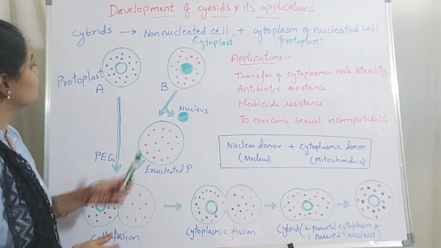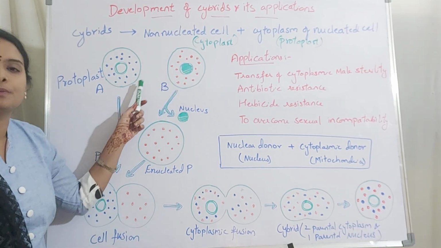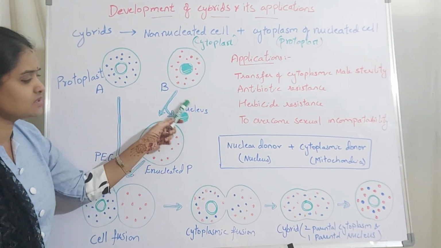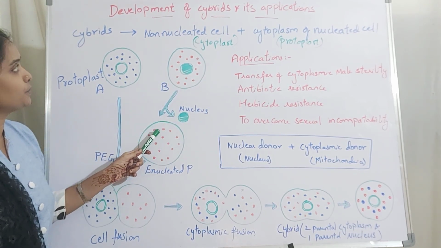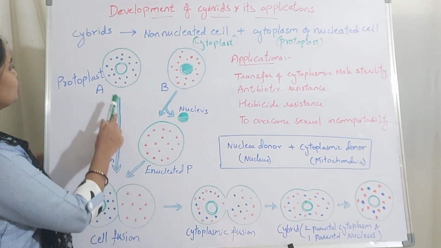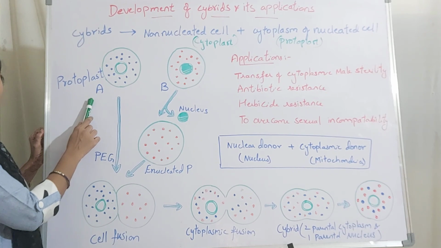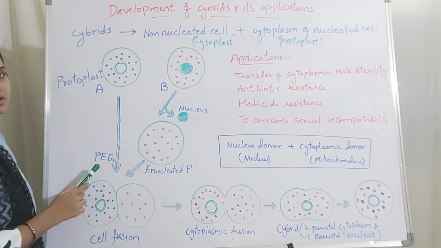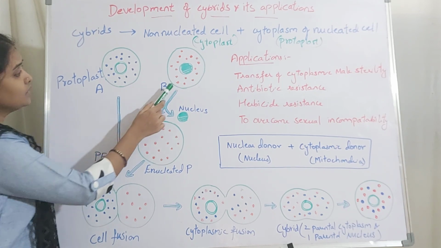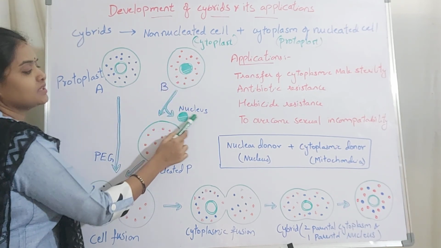Here you are not going to fuse these two protoplasts as they are, but you are going to make some changes so that you produce cybrid plants. In protoplast A, you are not going to make any changes. Whereas in protoplast B, you are removing the nucleus, right?